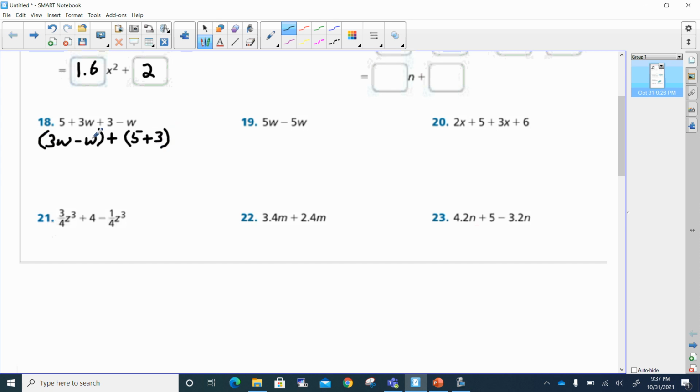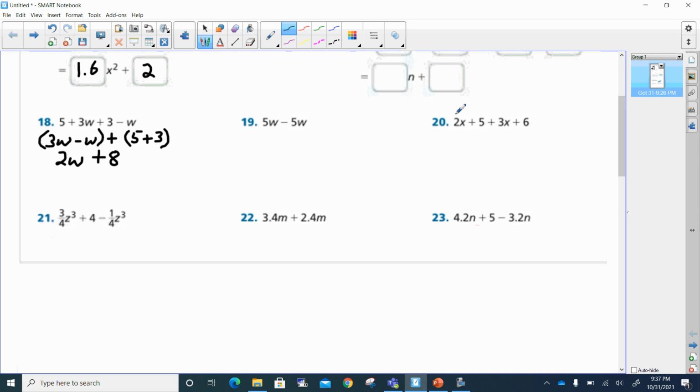We know 3 minus 1, because there's always a 1 in front of our variable. 3w, that's like 3 watermelons minus 1 watermelon, that's 2 watermelons, so 2w. And then we have 5 plus 3, that's going to be 8.